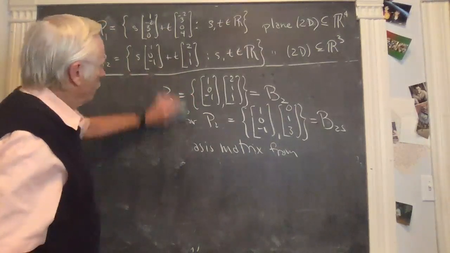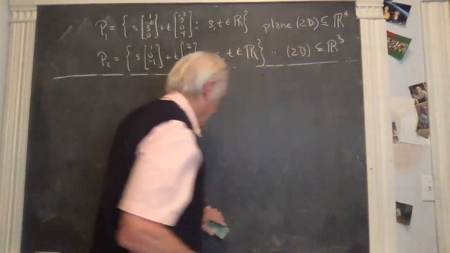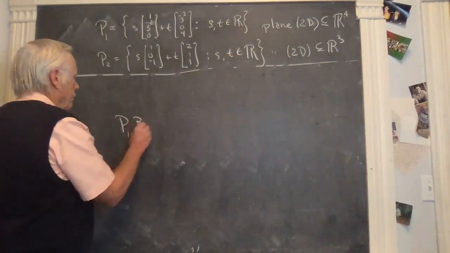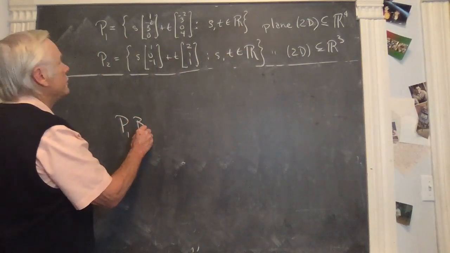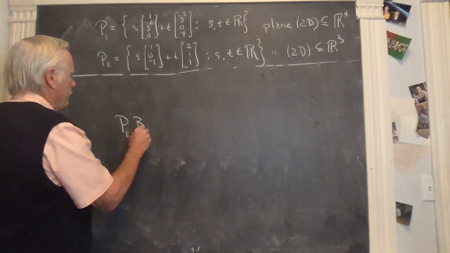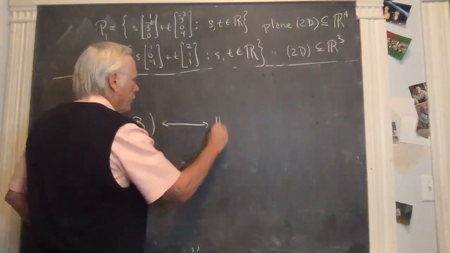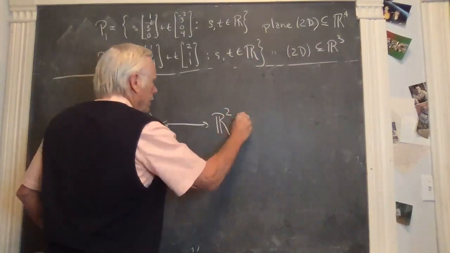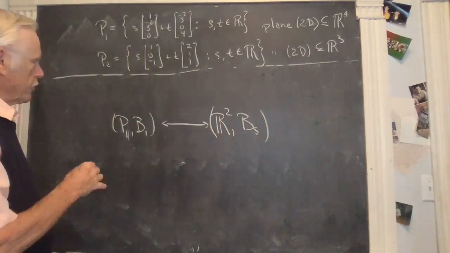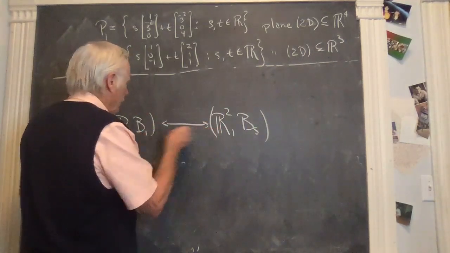One other thing I'd like to show you is that there's a nice correspondence between P with any basis. Let's take P1 this time with basis B1. There's a nice correspondence between there and the normal plane with the standard basis. Now, this is not change of basis, but this is just a relationship between these two.